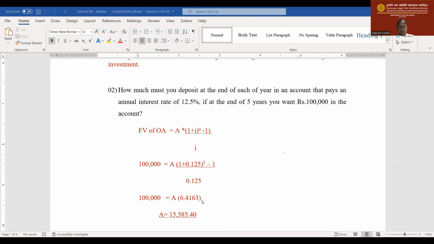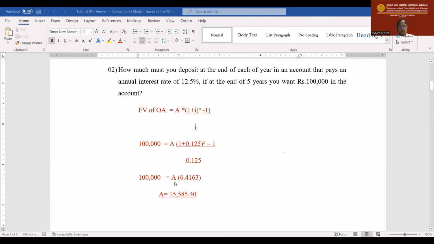Then you can take A. How do we find this A value? Here you know the multiplication, A multiplied by 6.4163. The opposite of multiplication is division. In order to find this A value, we can isolate A by dividing by 6.4163 on the left-hand side and the right-hand side, like this.